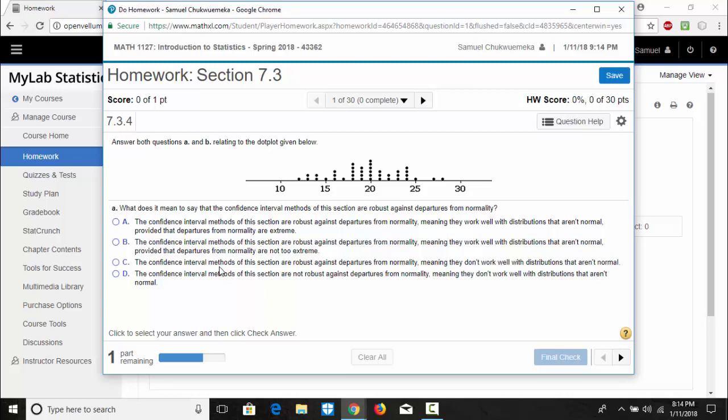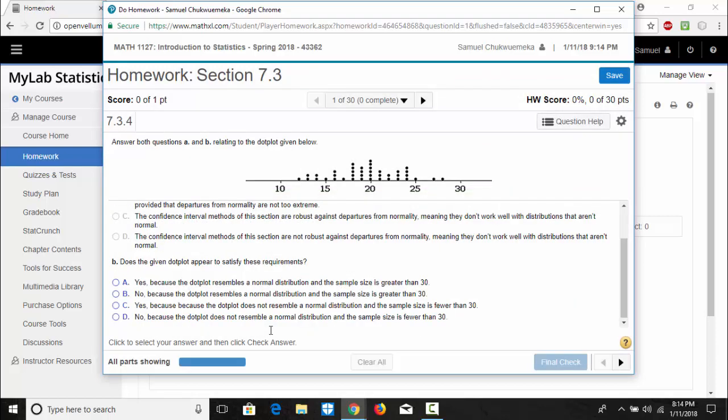This means that they work well with distributions that aren't normal, provided that departures from normality are not too extreme. So B is the correct option.